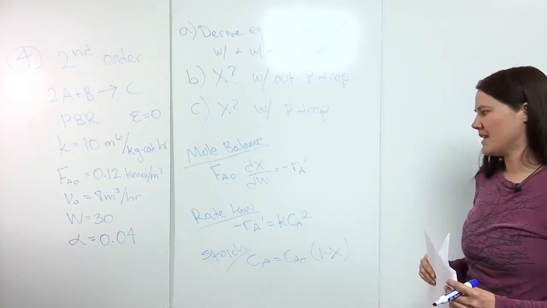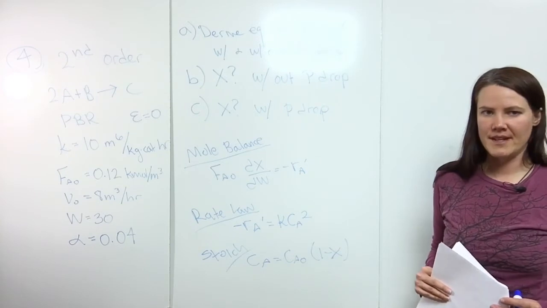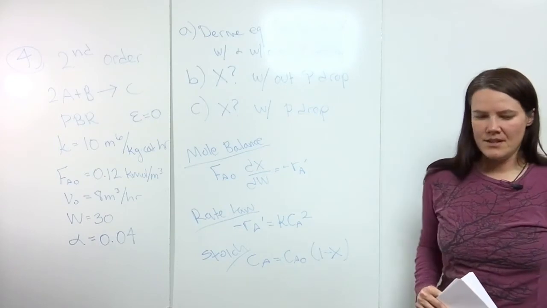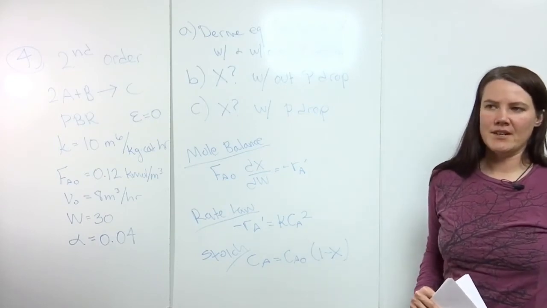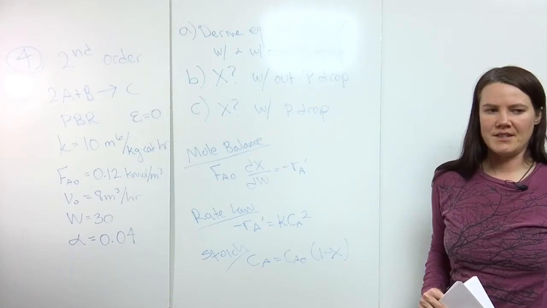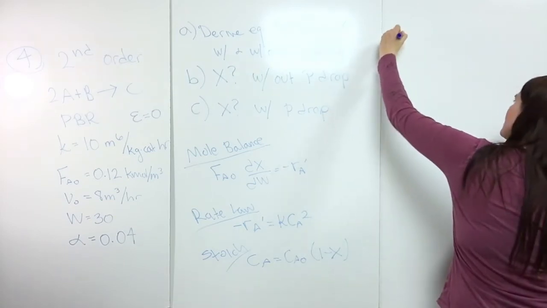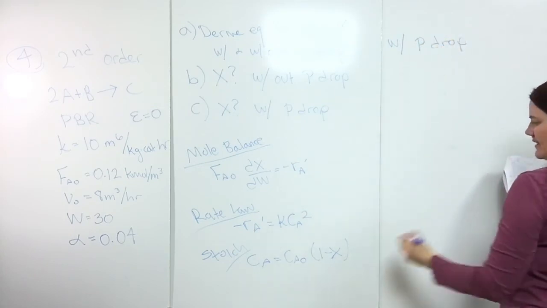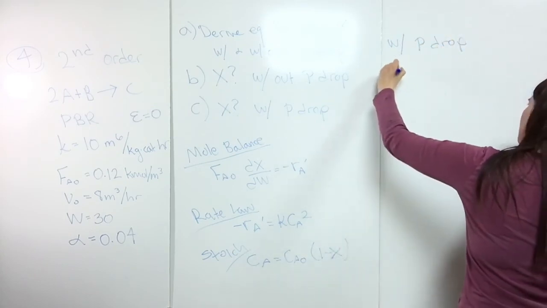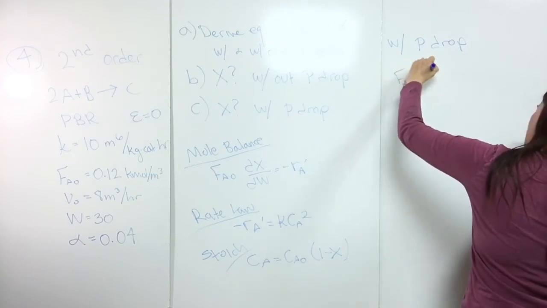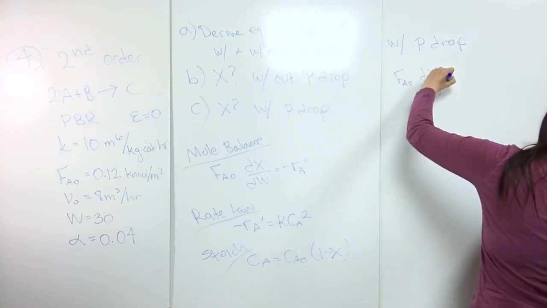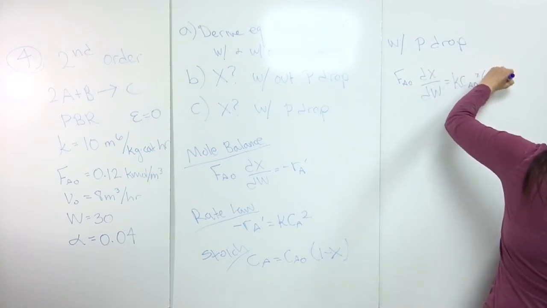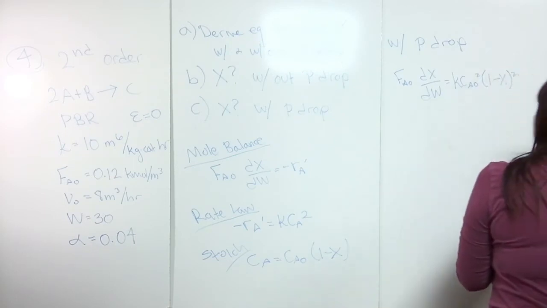But if you assume that epsilon is equal to 0, then you can, and I'll go through the math, integrate your pressure drop equation and just get an algebraic expression without pressure drop. And so now I can combine and integrate, so I get FA naught dX/dW is equal to K CA naught squared times 1 minus X squared.